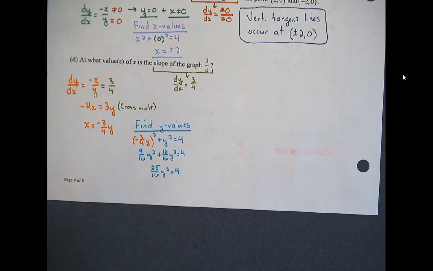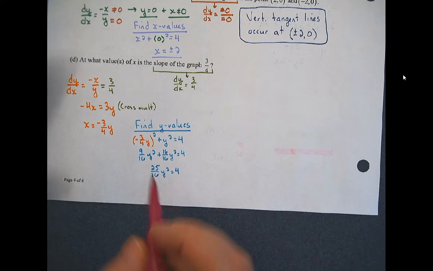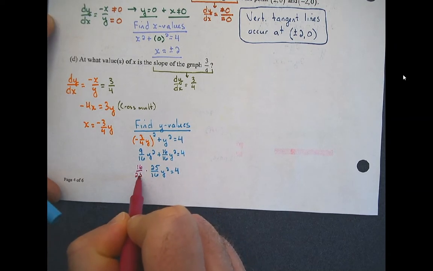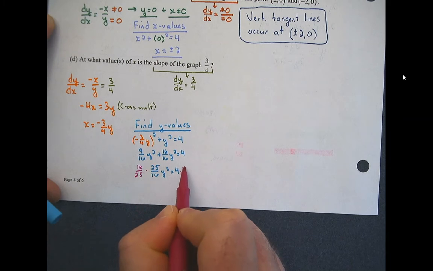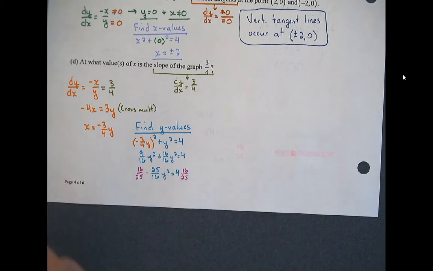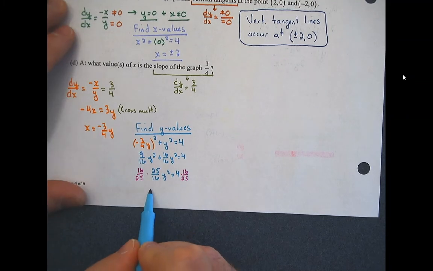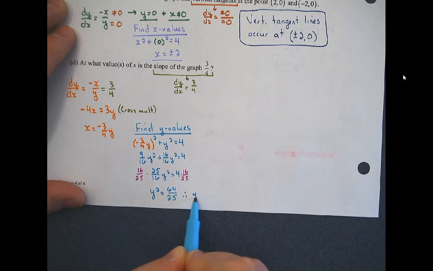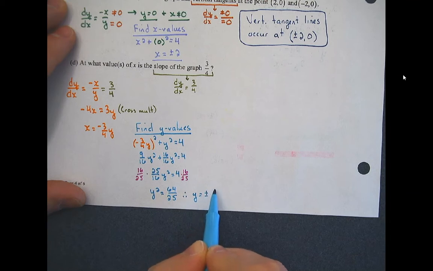So instead, I'm going to multiply right away by the reciprocal, 16/25. So that would leave me with y squared equals 4 times 16 is 64/25. Therefore, y is equal to plus or minus 8/5.